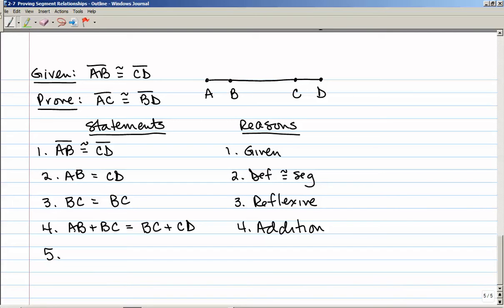Now, what is AB plus BC equal to? AB plus BC is equal to AC. And BC plus CD is equal to BD. And that's our friend, segment addition postulate.